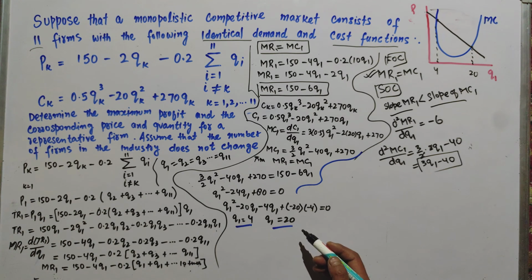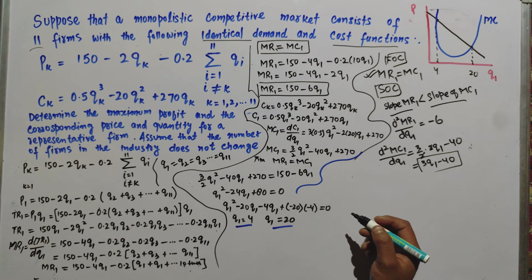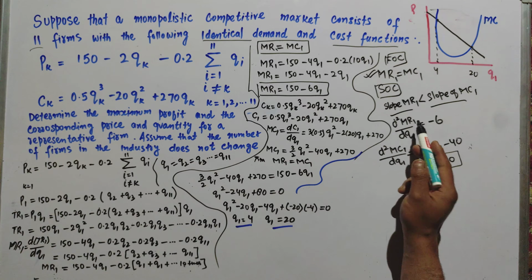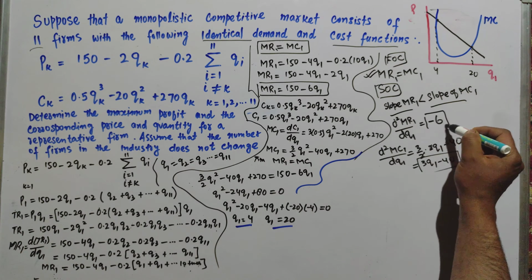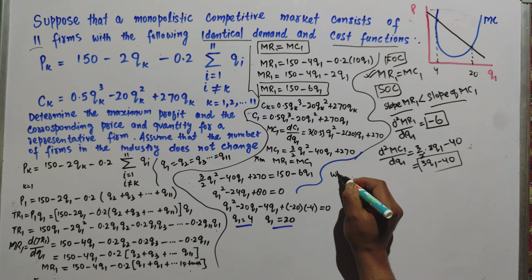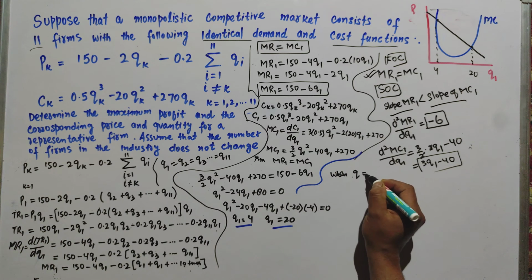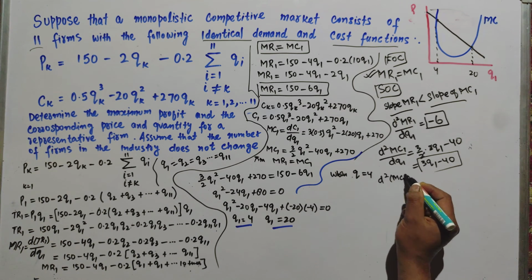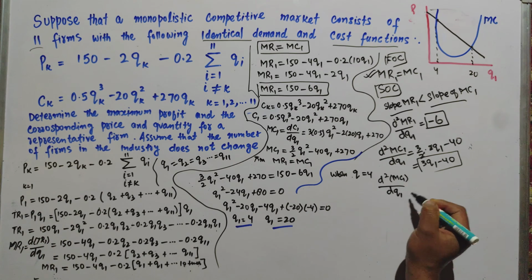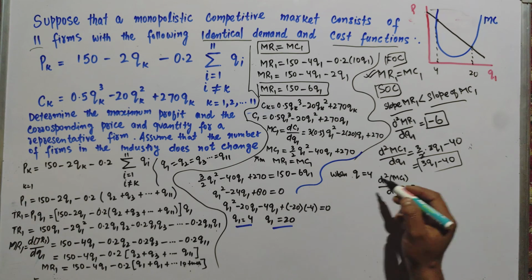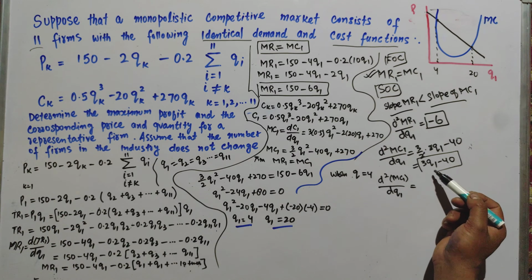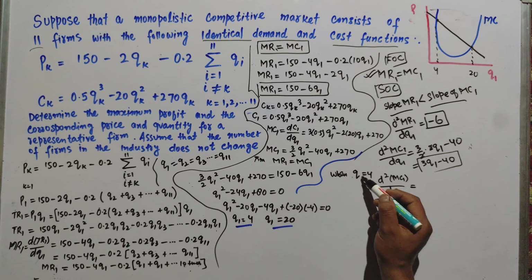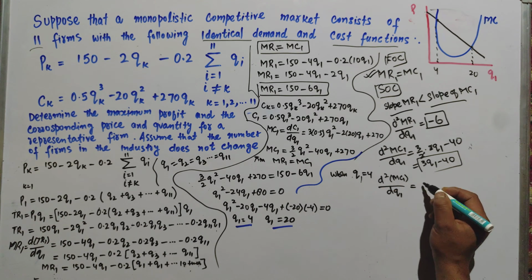Now the second order condition tells us that the slope of the marginal cost function, when we evaluate it at the critical points, should be greater than the slope of the marginal revenue function. What is the slope of the marginal revenue function? We got it equal to minus 6. So when q1 is equal to 4, what will be d square MC1 upon dq1 square?